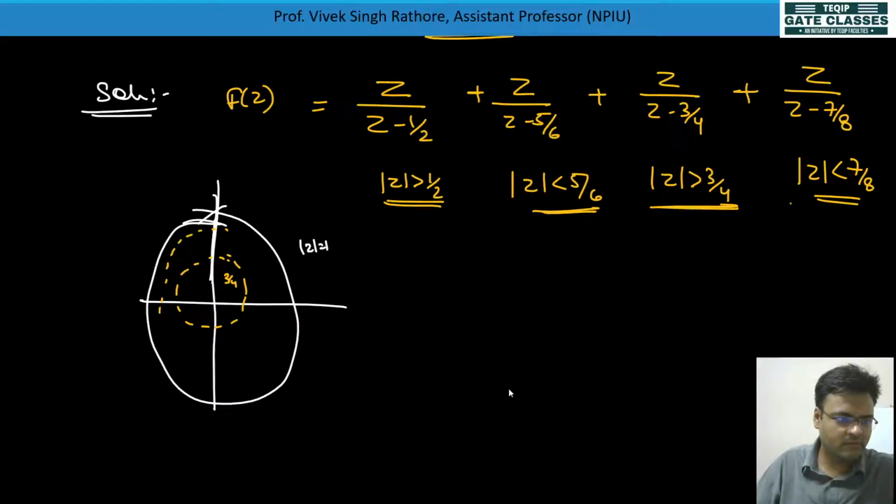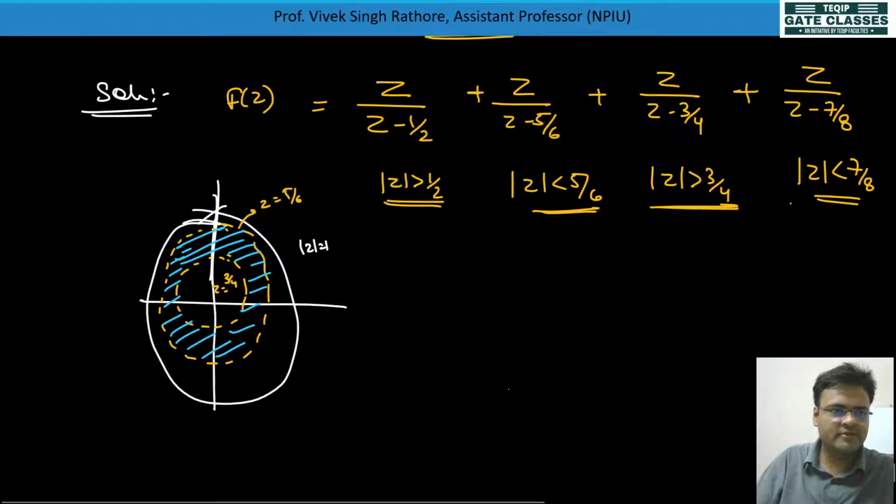This is z equal to 5 by 6, and this is z equal to 3 by 4. So what is your ROC? It should be greater than 3 by 4 and less than 5 by 6. So this region will be formed.